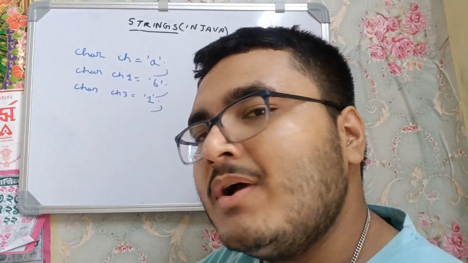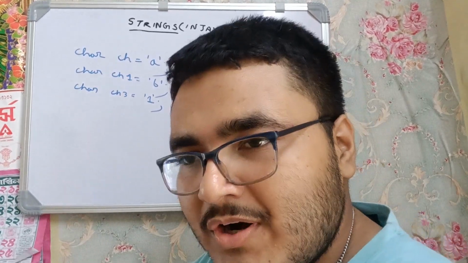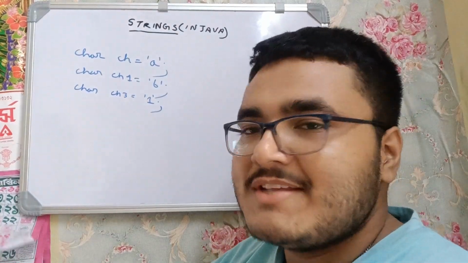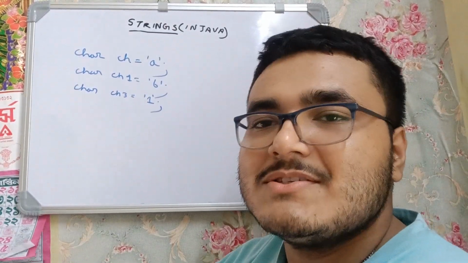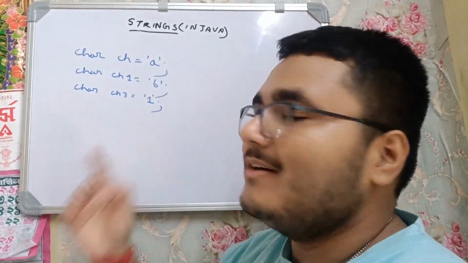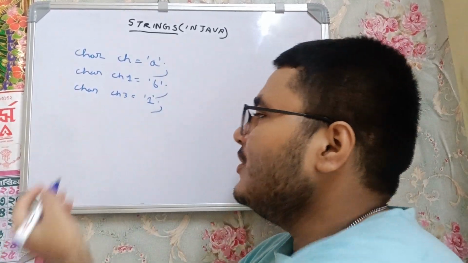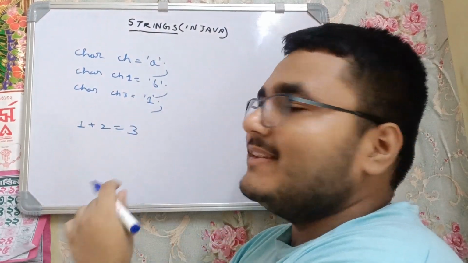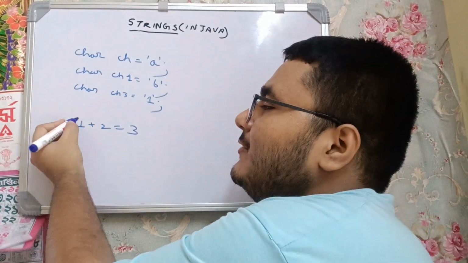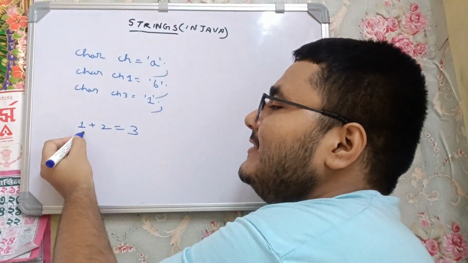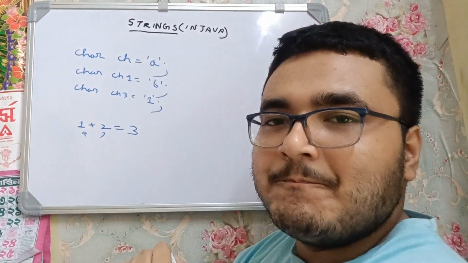For our use, we sometimes use them as a number, a digit or an integer, and sometimes for our need we can use them as a character. When we calculate 1 plus 2 is equal to 3, when we are calculating the sum of two numbers, we are treating 1 and 2 as integers, getting my point?